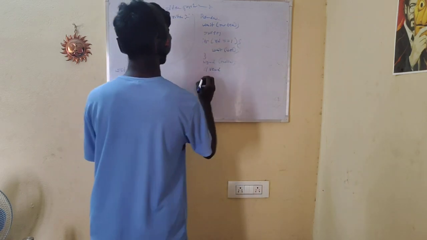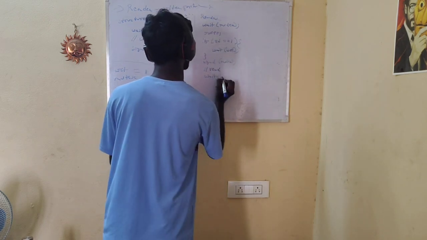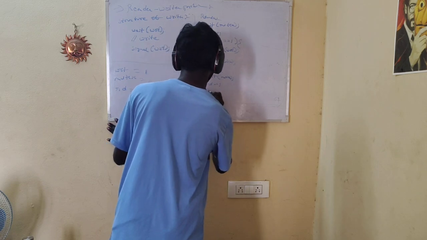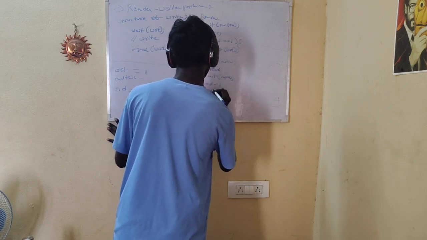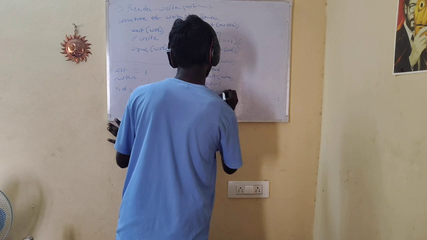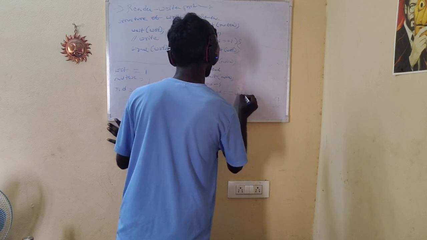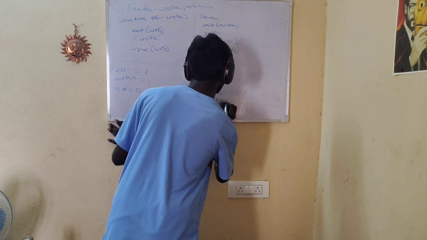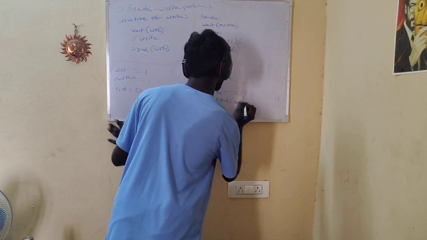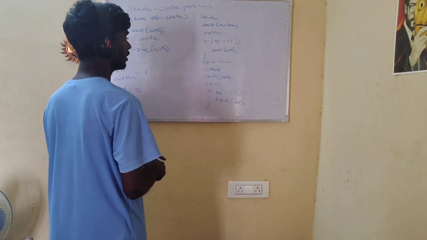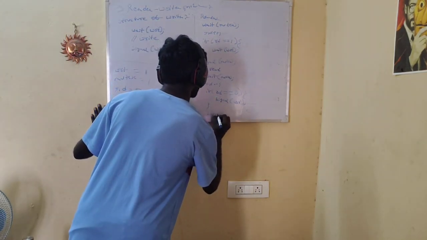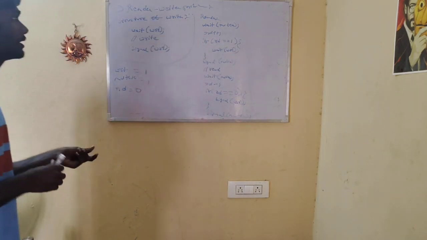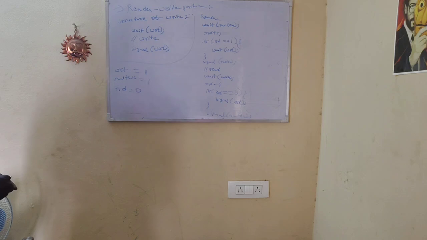Once we are done reading, we again call wait of mutex, rd minus minus. If rd equals 0, then signal of wrt, and finally signal of mutex. So this is the structure of the reader.